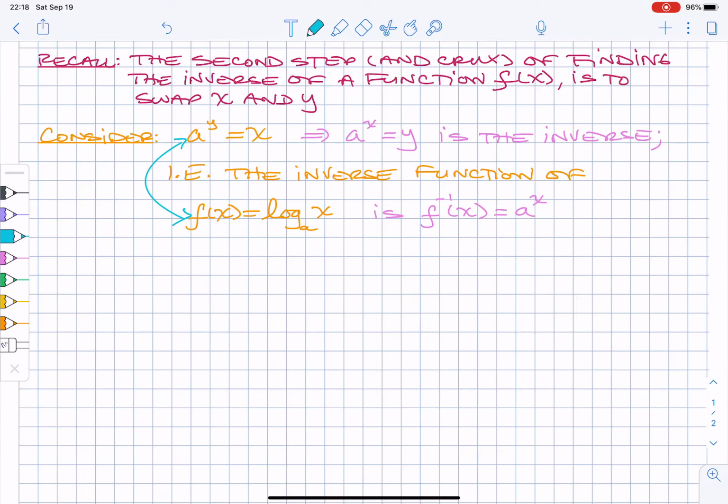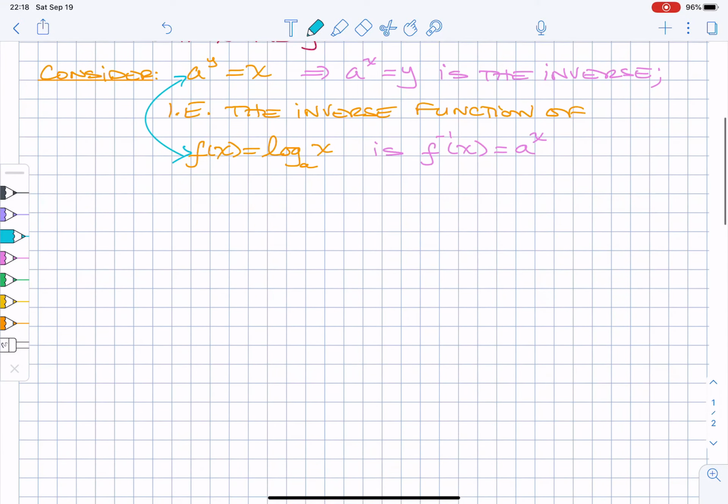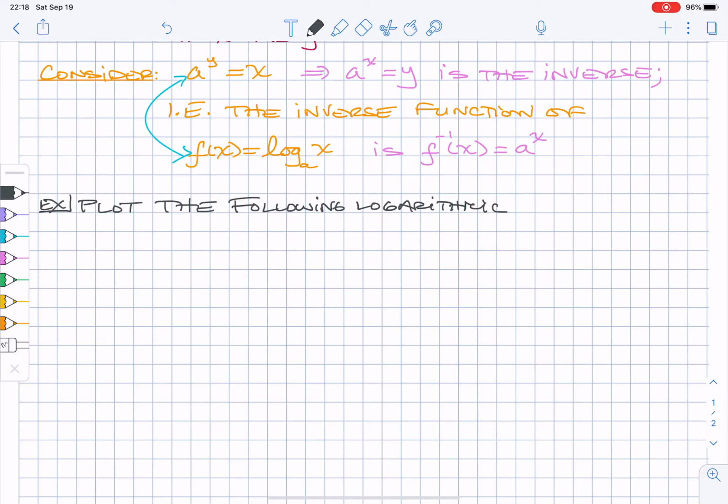Okay. So given that, let's go ahead and try and plot logarithmic functions. So example, plot the following logarithmic functions. Number one.